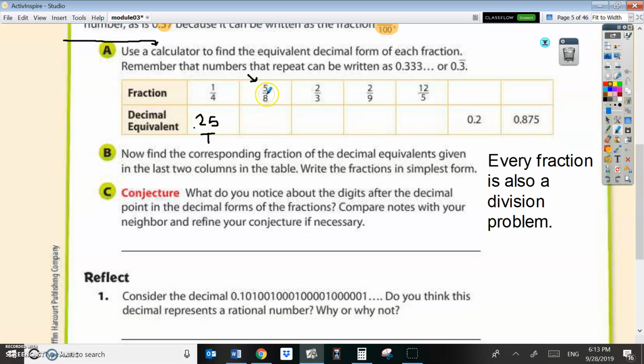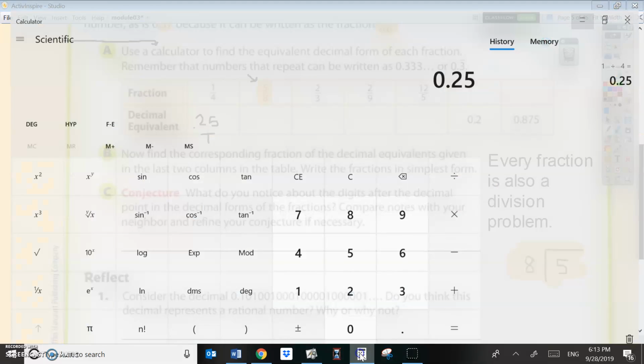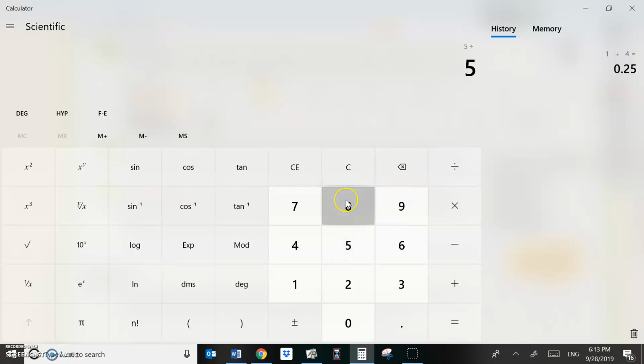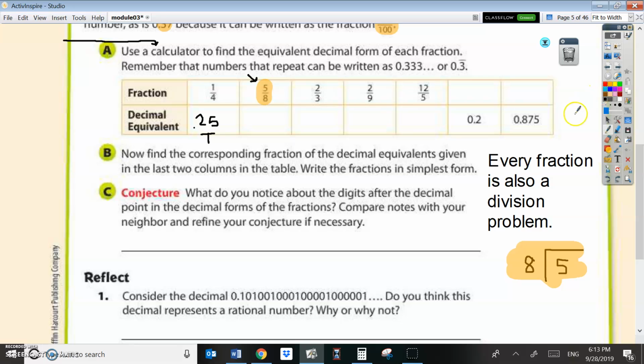So this right here is the same as this right here. 5 divided by 8. So do that on the calculator, and what do you get? 5 divided by 8 equals 0.625, or 625 thousandths.